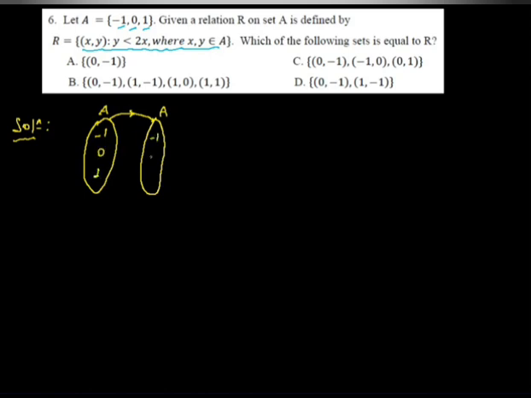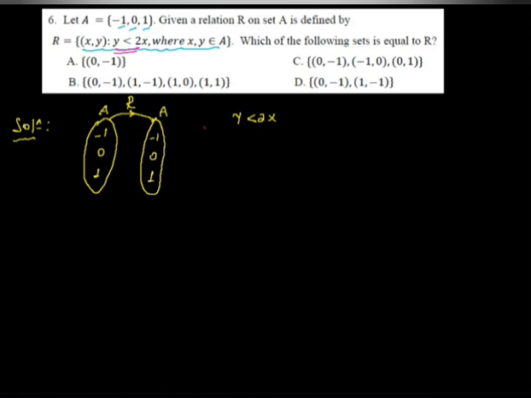Okay, so what kind of condition is required to be a member of this relation? This is our relation. To be a member of this relation, the second entry should be less than 2 times the first entry, it says. Okay, to be a member of the given relation this must be satisfied.